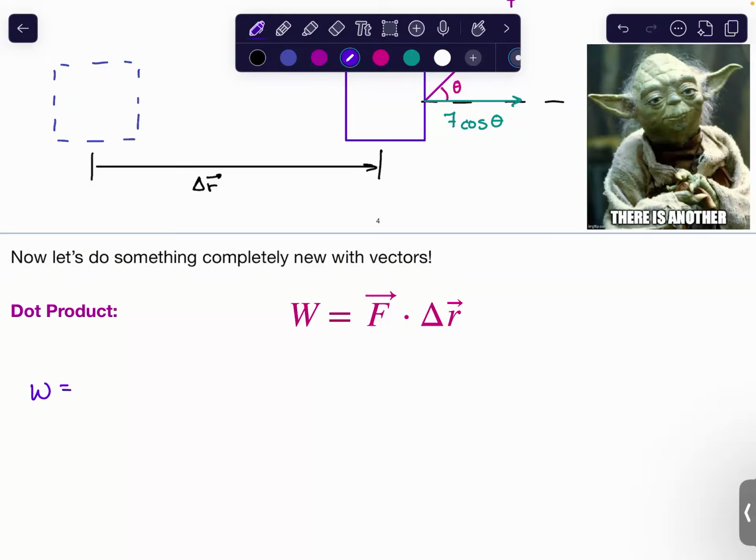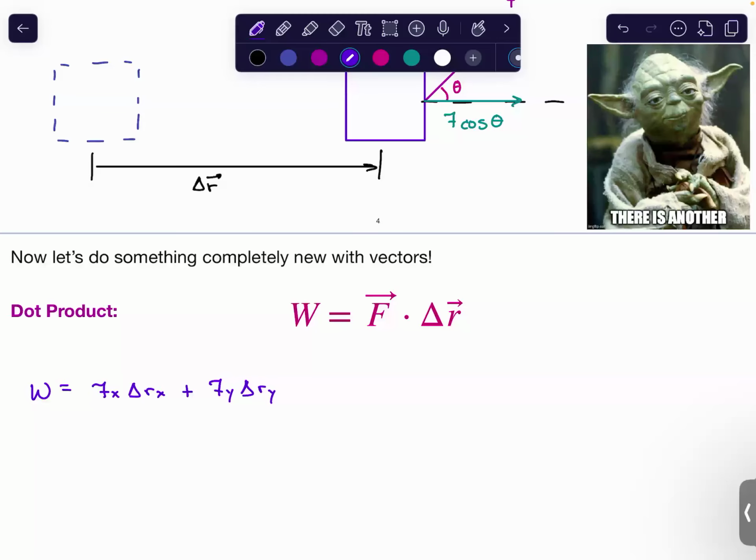If you have a vector with components, it's the x component times x component plus y component times y component. So that's one definition of the dot product.